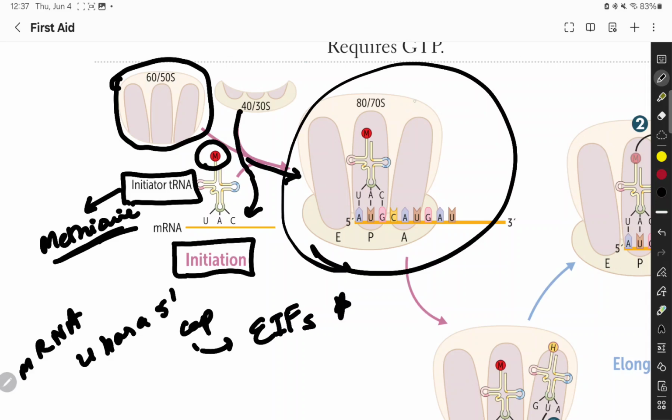So there is the smaller ribosomal subunit, which is bound to messenger RNA. Then we have the transfer RNA, and we have the 60S subunit that together binds, and they form a complex where the protein synthesis takes place.